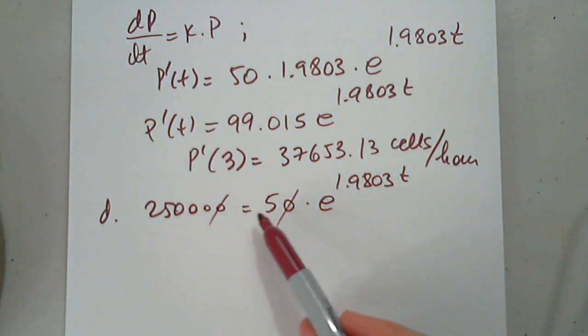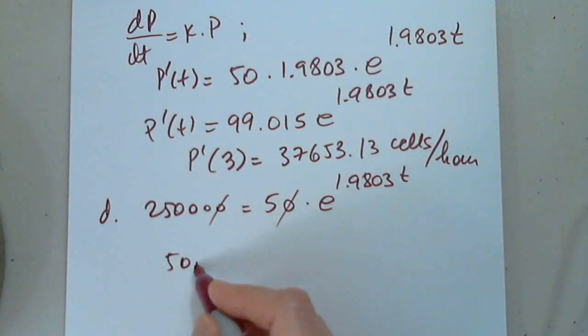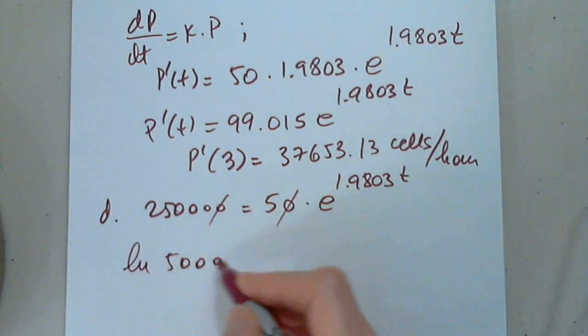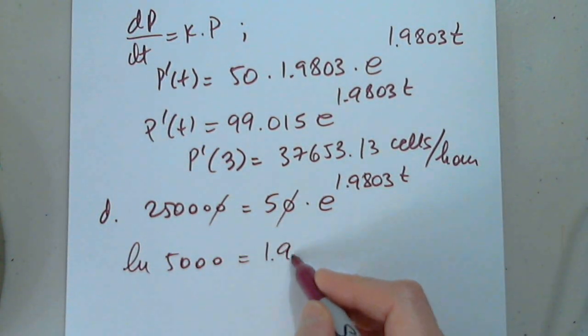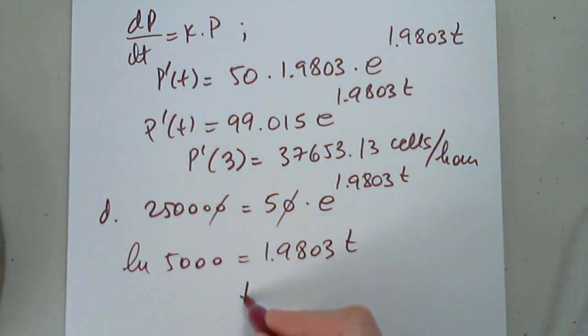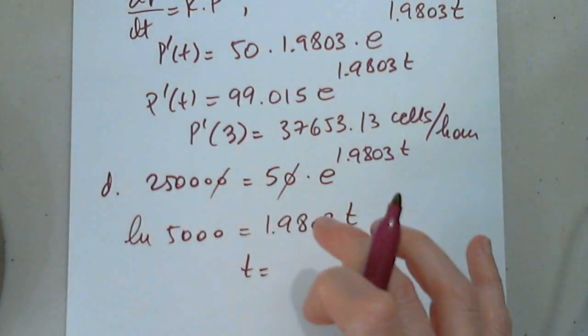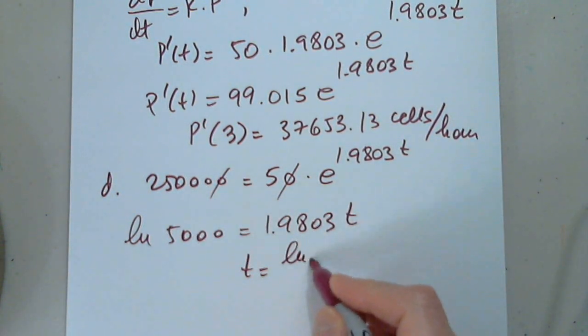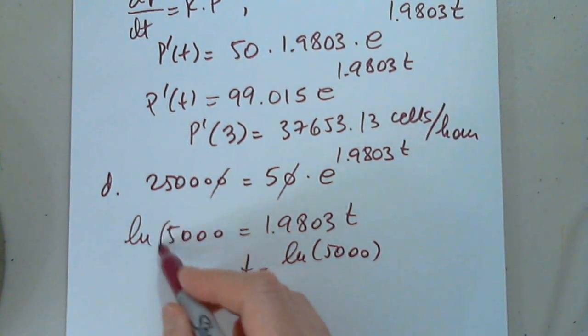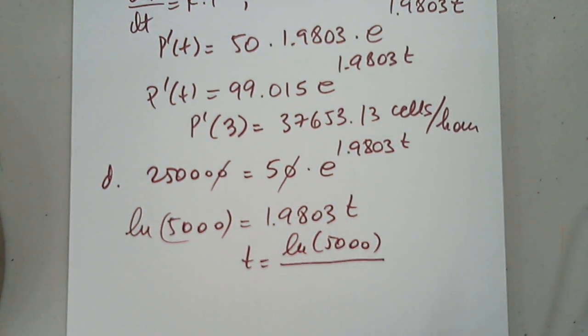I will simplify, I will divide by 50 and I get 5,000. I will apply the natural log and I get 1.9803 t, and t will be the natural log of 5,000 over 1.9803. If you want, with parentheses or without, it's just one number, it's okay.